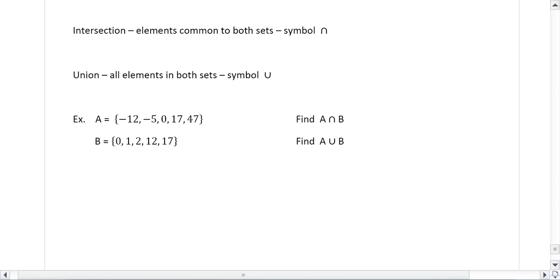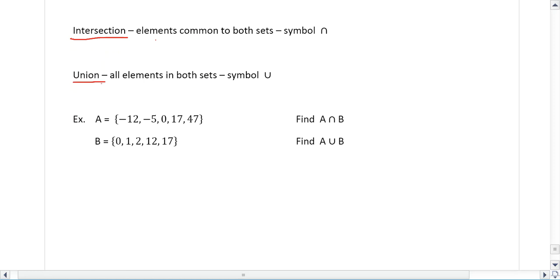The next 2 terms and their definitions sort of go together, the term intersection and the term union. When you take the intersection of 2 sets, you just are interested in the elements that are common to both of them. In other words, elements that appear in both sets.